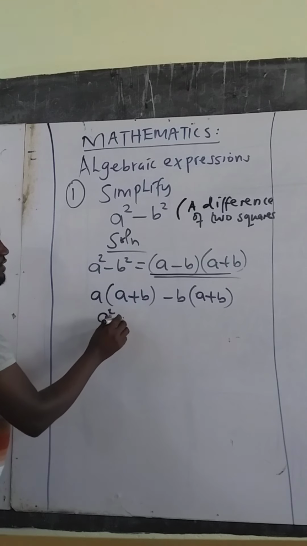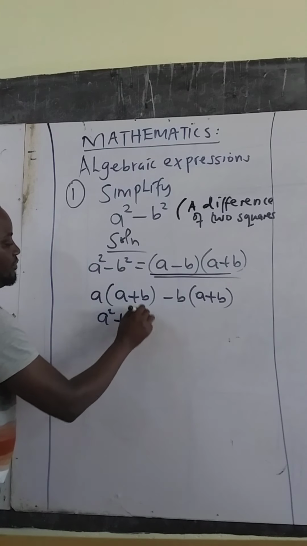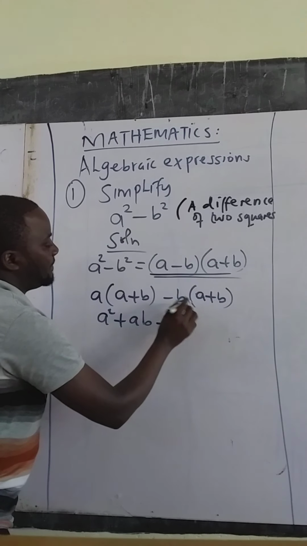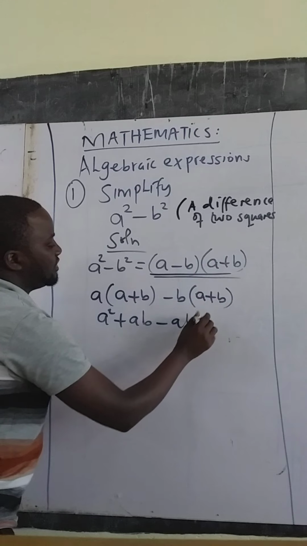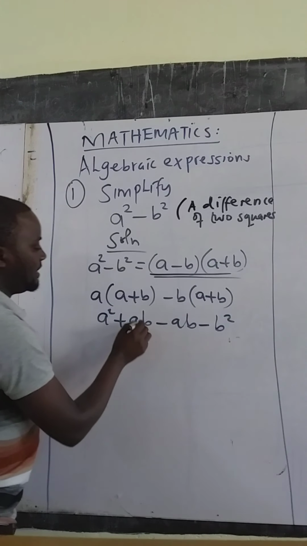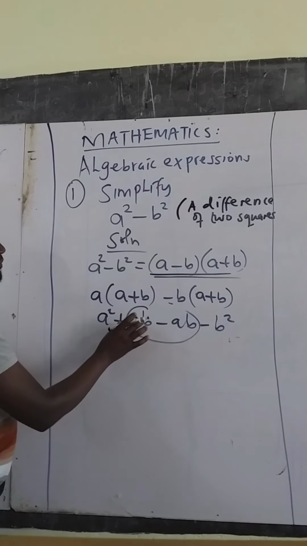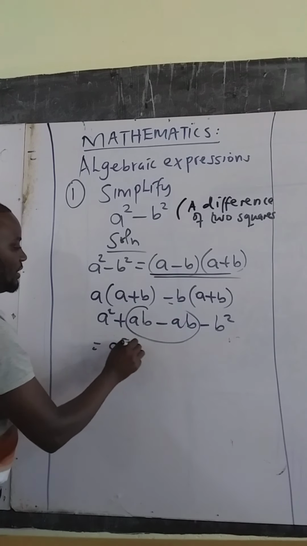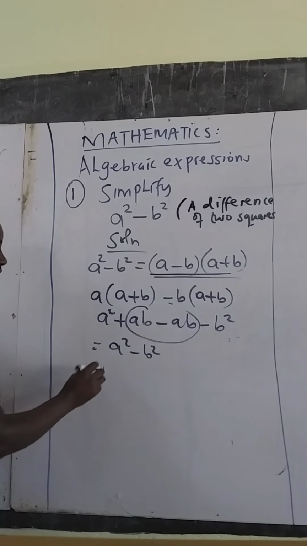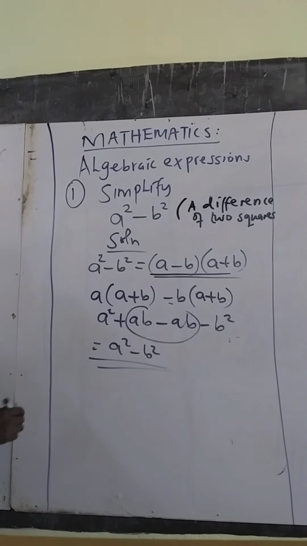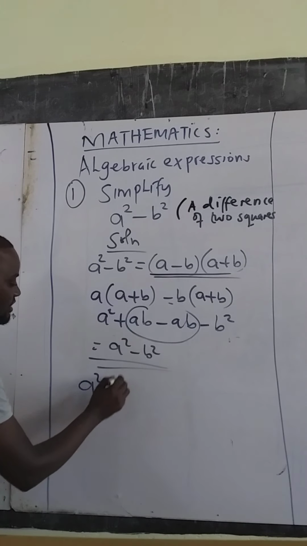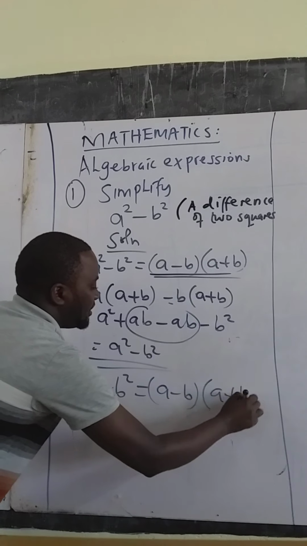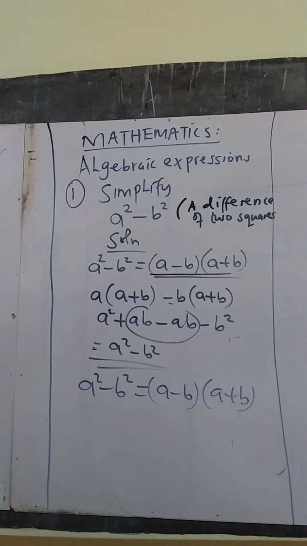A times b gives plus ab, minus b times a gives minus ab, and minus b times plus b gives minus b squared. Like terms, plus ab minus ab, give 0, and your answer is a squared minus b squared. In simple terms, a squared minus b squared is equivalent to a minus b times a plus b. This is what we call a difference of 2 squares.